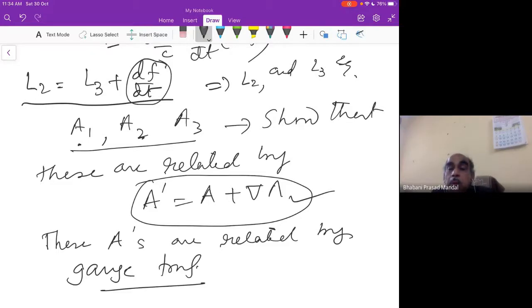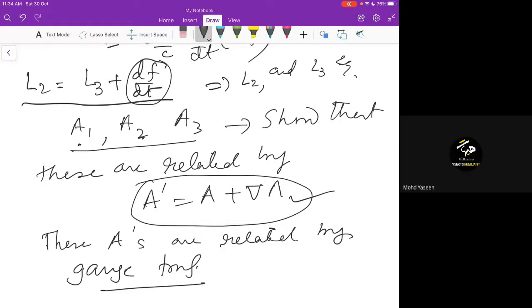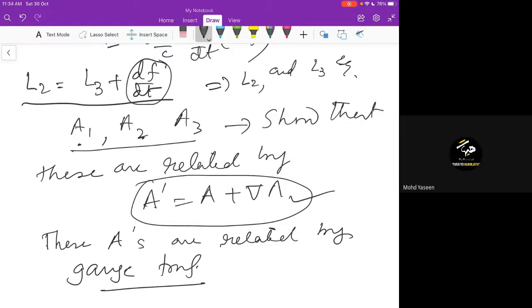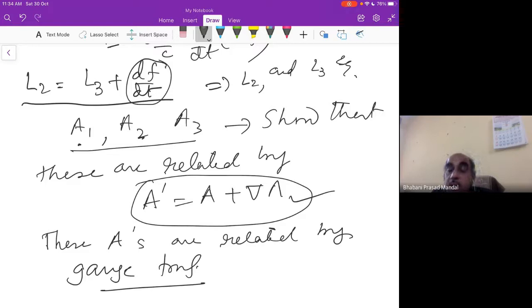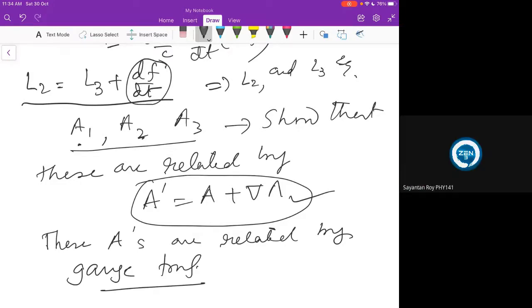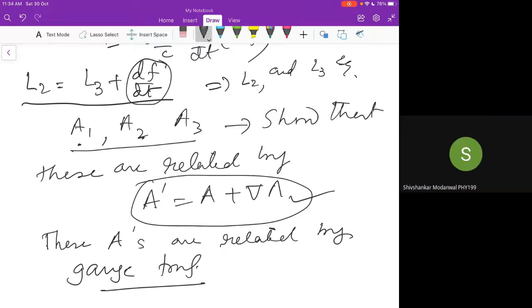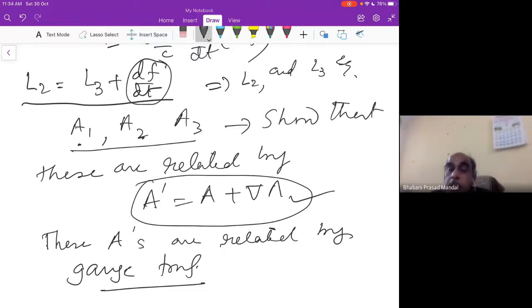Mohammad Yasin, 174. Then 177, 136, Pratik Singh, Shayan Hati, 182. Shantan Roy, 141. Shiv Shankar, 199.